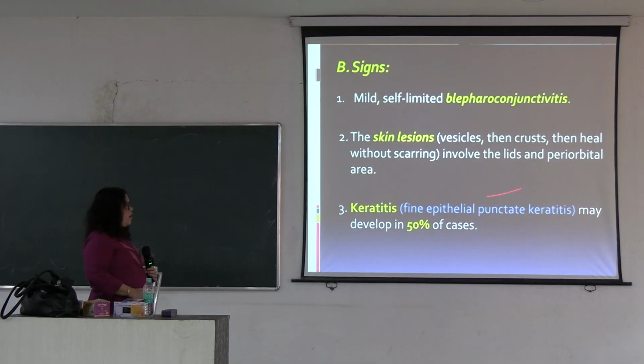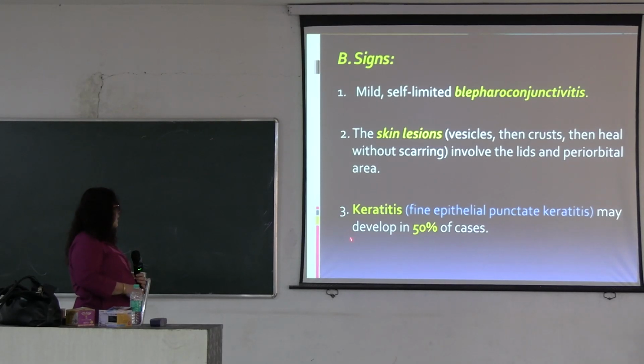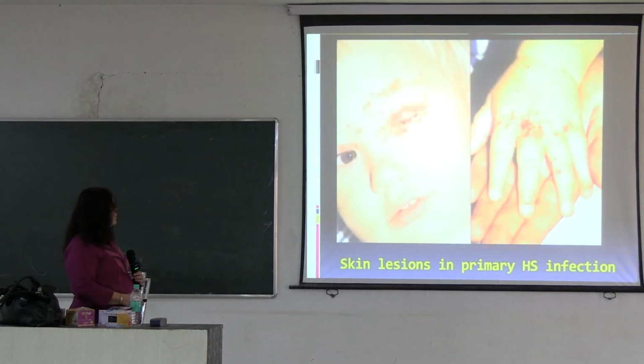It involves the lid and the periorbital part of the eyes. Then keratitis only involves the superficial layer of the cornea, that is called epithelial punctate keratitis, and the epithelial layer of the cornea is involved in 50% of cases. So, corneal lesion and skin lesion, and if the lid is involved, that is called blepharoconjunctivitis.